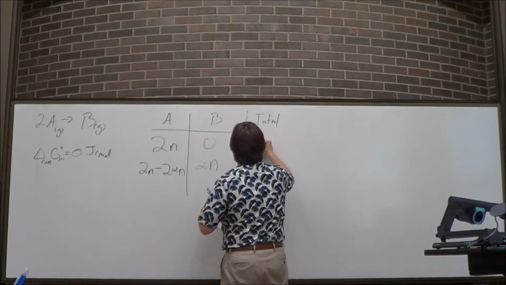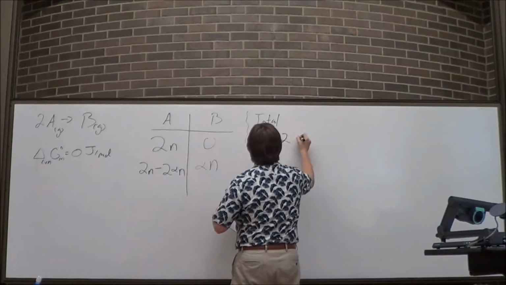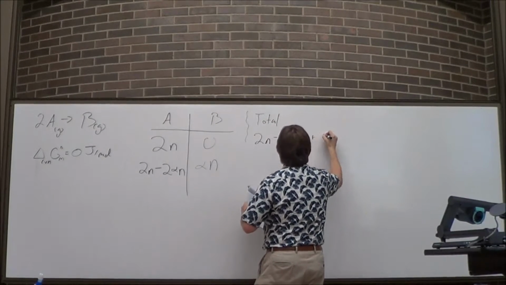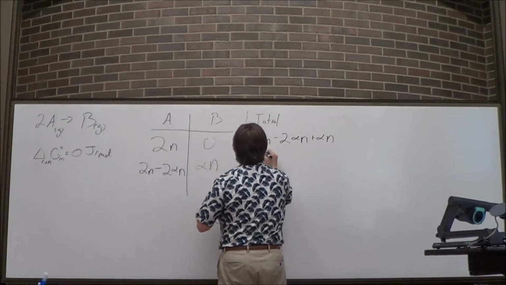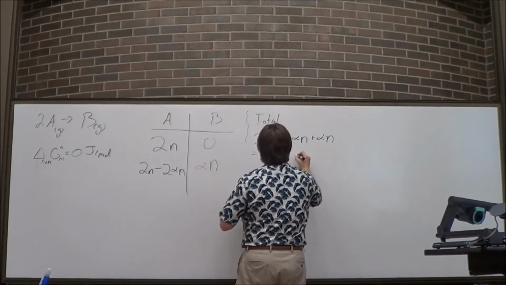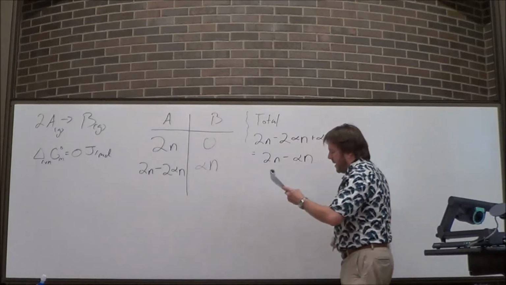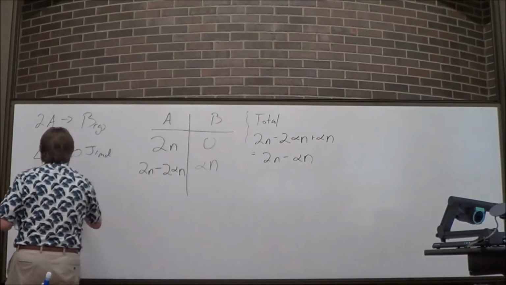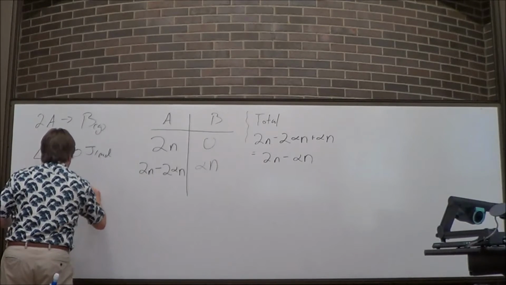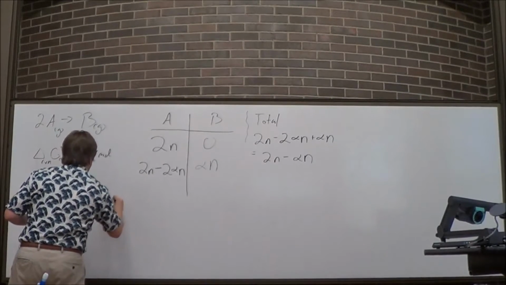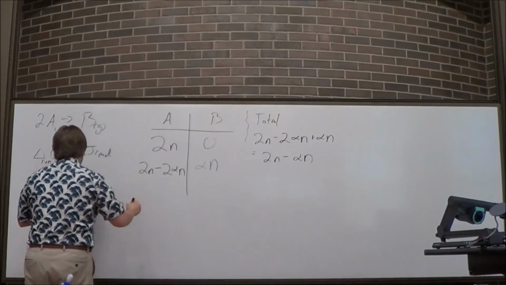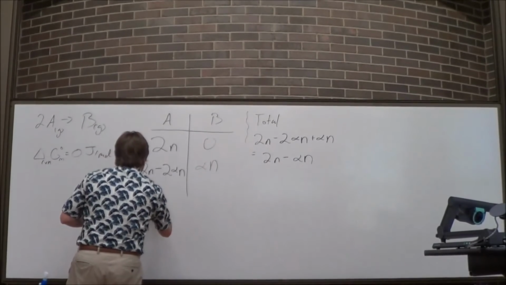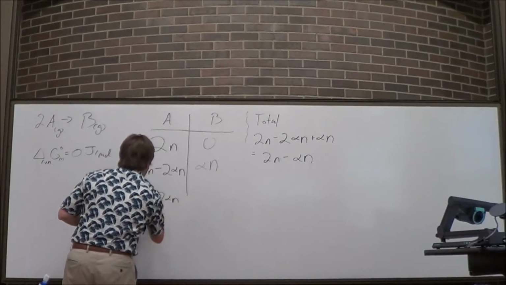Okay, that's pretty easy. I'll write it out just so you see what I'm doing. I don't want you to get confused at all. Of course, this is 2N minus alpha N. Okay, that's pretty simple. And now the mole fraction. Mole fraction is the number of moles over the total.